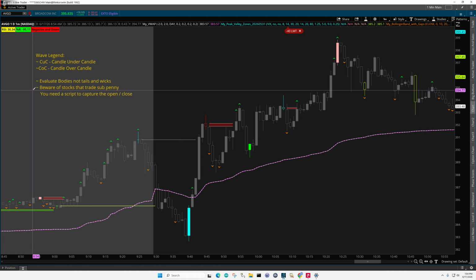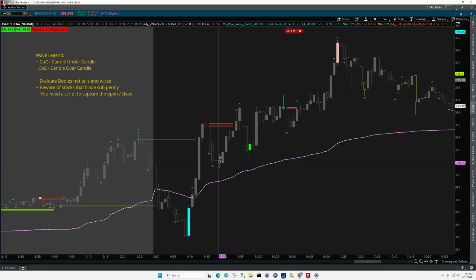You're going to need a script that captures the open and close of every candle to capture those sub-penny increments, because oftentimes these platforms will just round up or round down on the actual chart itself, and you won't actually see the sub-penny increment that the stock actually traded at. That's why trading futures is much cleaner, because there are no sub-penny increments.